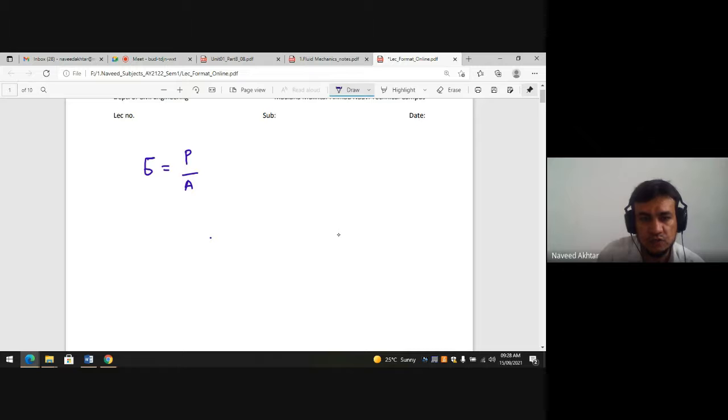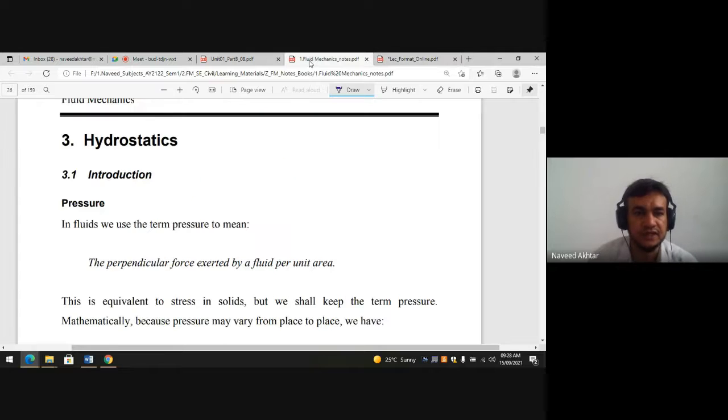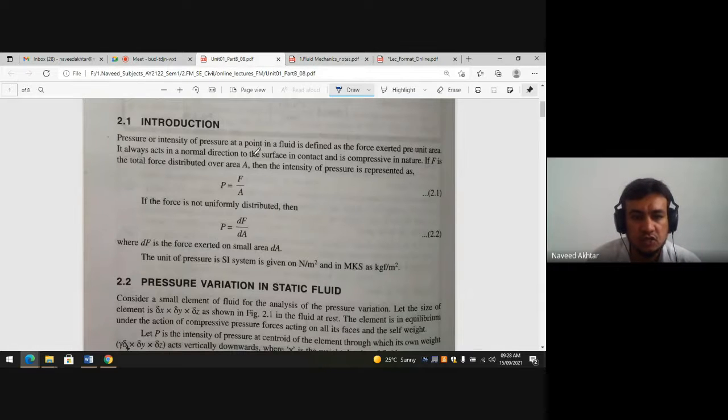Here, if you define the pressure, P is the pressure. The pressure is nothing but force upon per unit area. So the force exerted per unit area is nothing but the pressure.